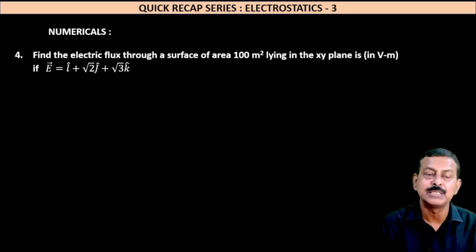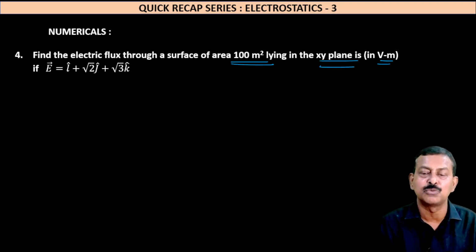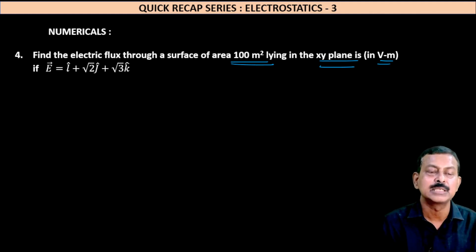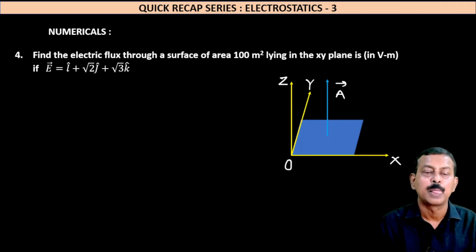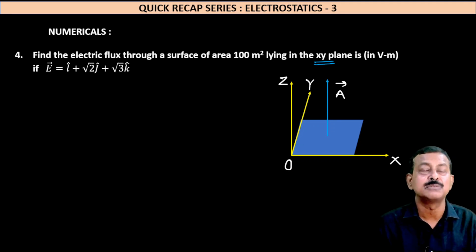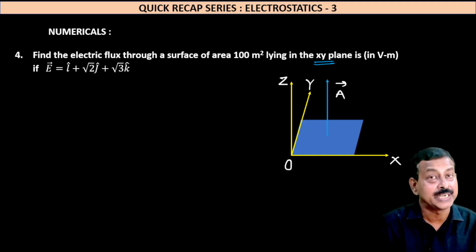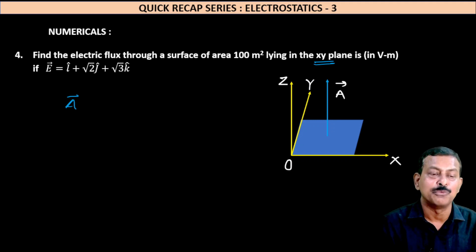Find the flux through a surface of area 100 meter square lying in the xy plane, where E is given as i cap plus root 2 j cap plus root 3 k cap, and the unit is volt meter. Now here, as this particular surface is lying in the xy plane, it means the vector area will be along the z-axis. So vector area I can take as 100 k cap.